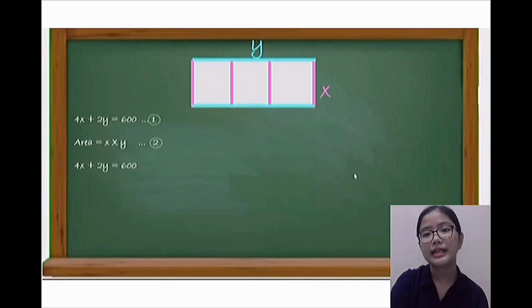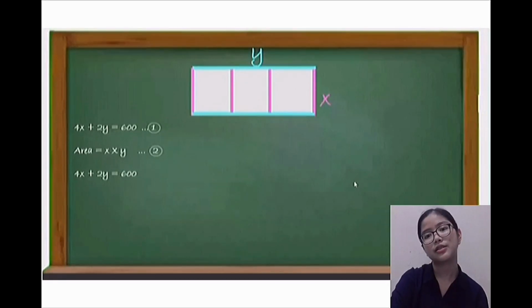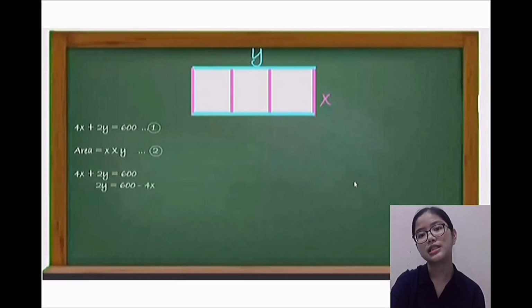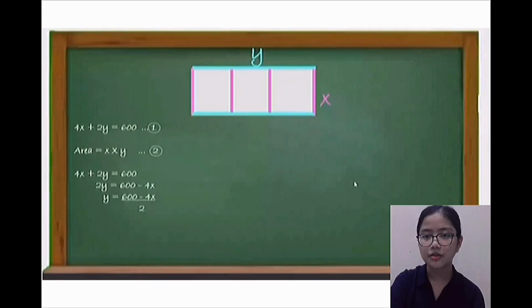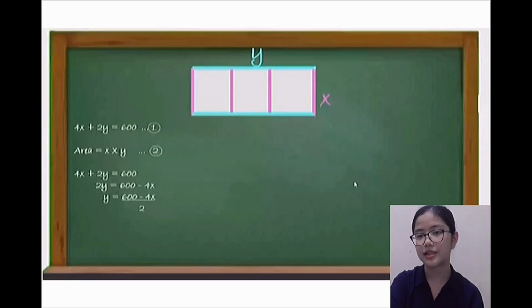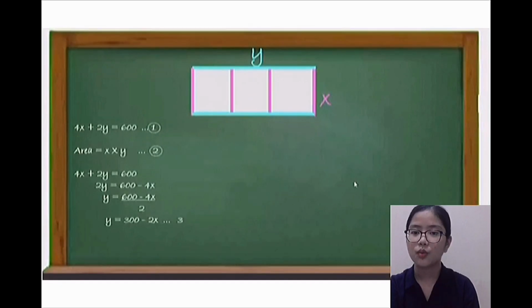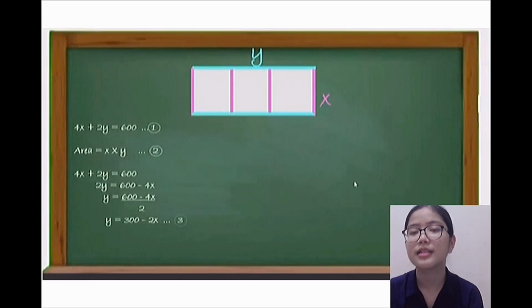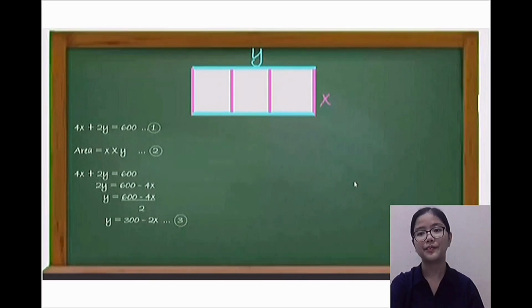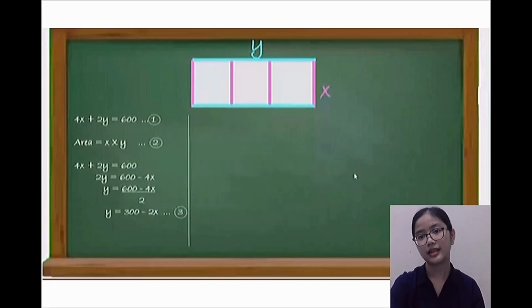So 4x plus 2y equals 600, and move 4x to the right, 2y equals 600 minus 4x, and then move 2 to the right, so y equals 600 minus 4x divided by 2. Okay, now we get the third equation, which is y equals 300 minus 2x, because we already simplified it.